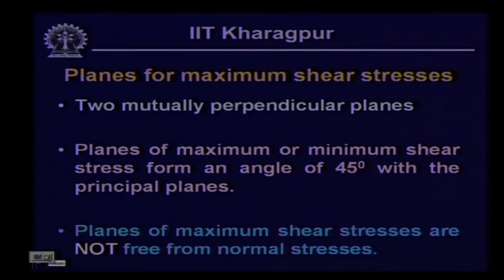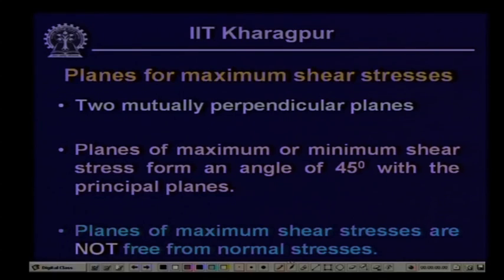Now, let us look into what is the value of the principal stress where the shear stress is maximum. Now, we have calculated that tan 2 theta equals minus sigma x minus sigma y by 2 by tau x y.